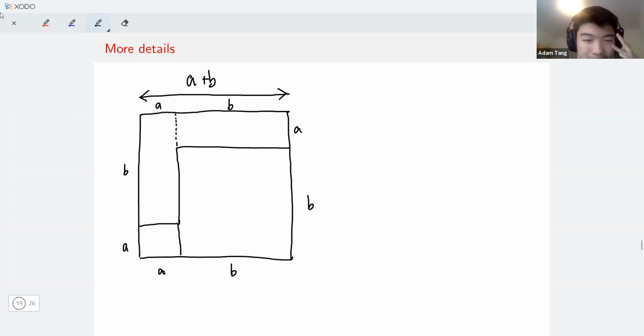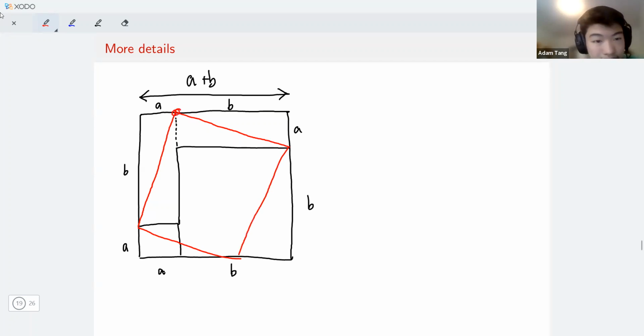Now, what is this final square going to look like? Let me just draw it out. It's very nice, actually. You can take this square right here.